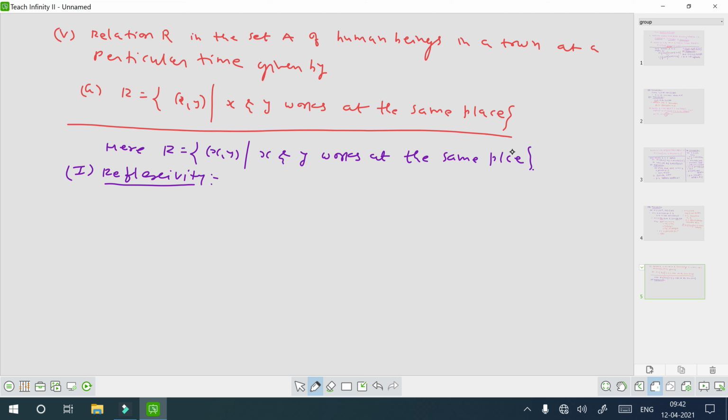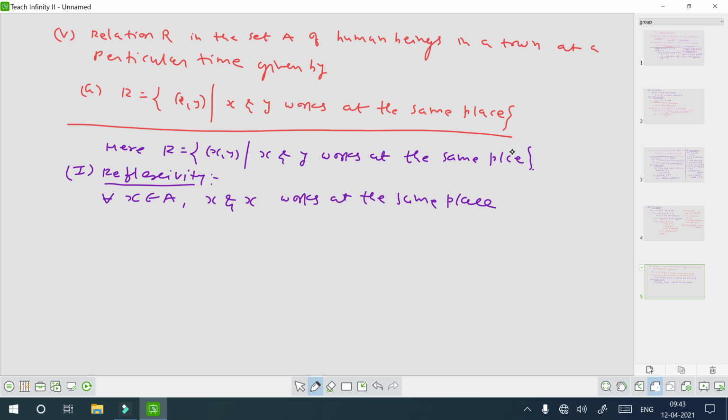Now we know that for all x belongs to A, X and X work at the same place. Yes or no? A person himself works at the same place with himself.